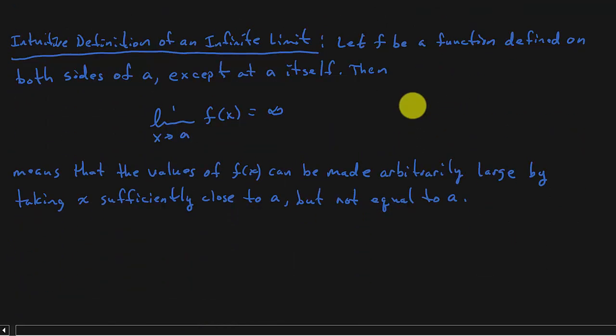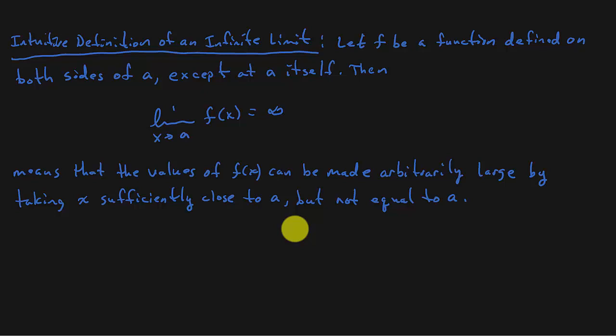So we've got a definition. Let f be a function defined on both sides of a, except at a itself. Then the limit of f of x as x goes to a is equal to infinity means that the values of f of x can be made arbitrarily large by taking x sufficiently close to a but not equal to a.